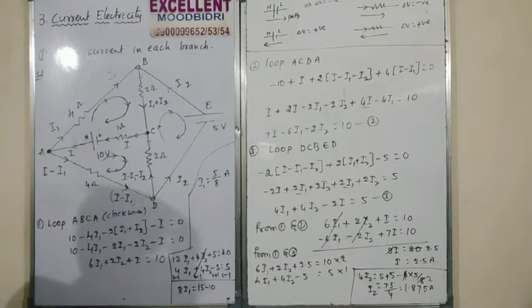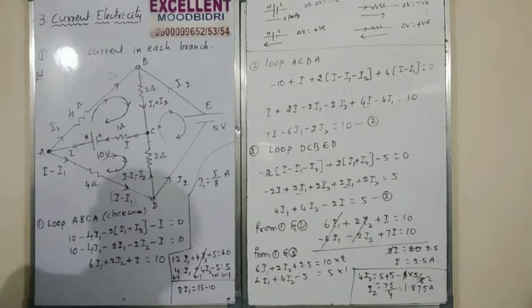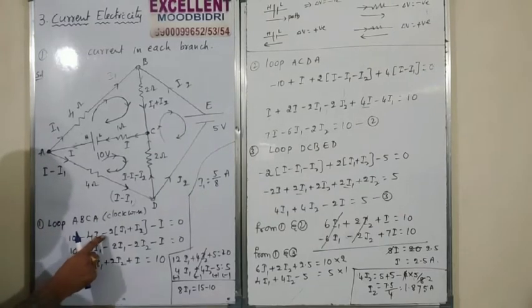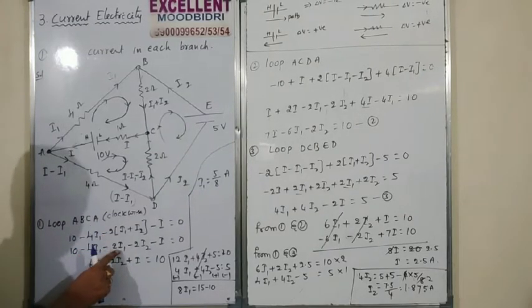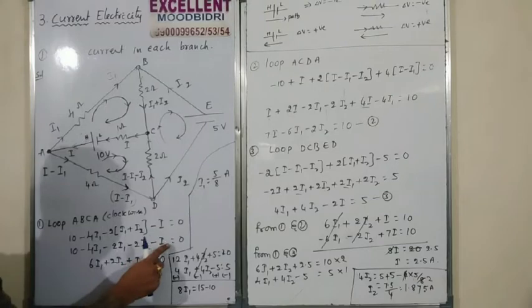The total change in potential is 0 in a closed loop. So now you can observe: 10 minus 4I1 minus 2(I1 plus I2) minus I is equal to 0.